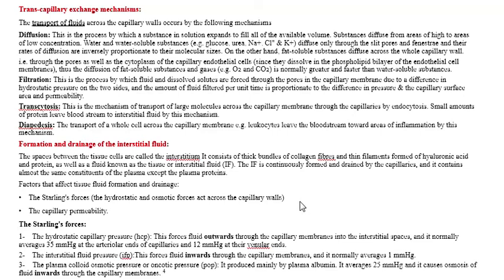One of these forces is the hydrostatic capillary pressure, which forces the fluid outwards. Another force is the interstitial fluid pressure, which pushes fluid inward to the capillary membrane.